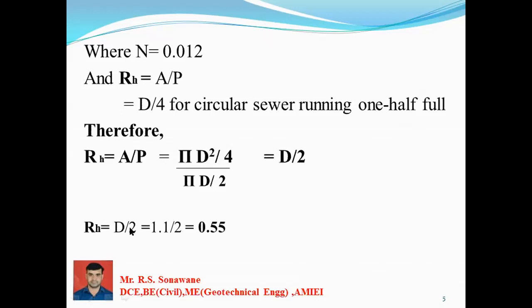So R_H is equal to D by 2 here. R_H is equal to what? That is the hydraulic radius, D by 2, and we know that the diameter is 1.1, or otherwise 1100, divided by 2, that is equal to 0.55 meter. Actually this is in meter.